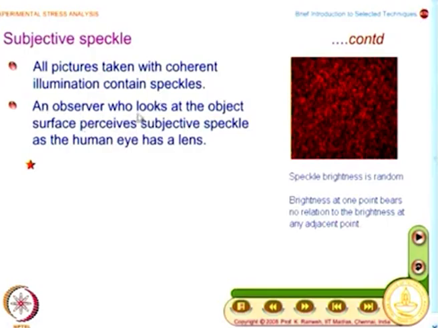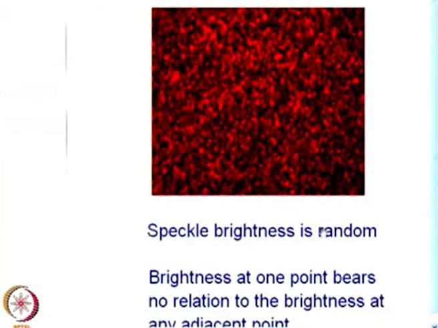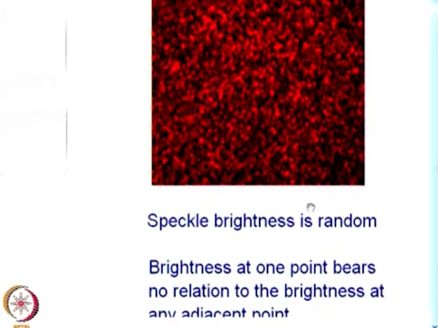An observer who looks at the object surface perceives subjective speckle, as the human eye has a lens. This is what I also mentioned earlier, and you have this speckle, and what is put here is that speckle brightness is random, and brightness at one point bears no relation to the brightness at any adjacent point.